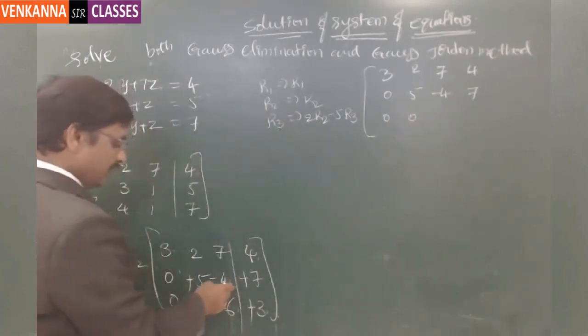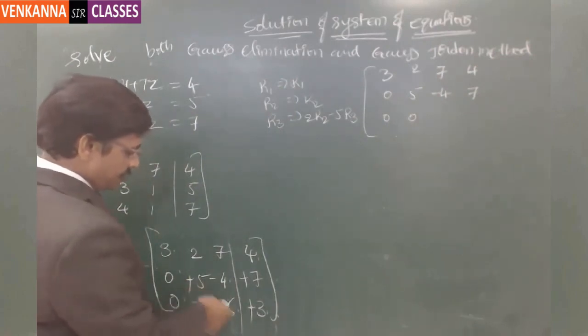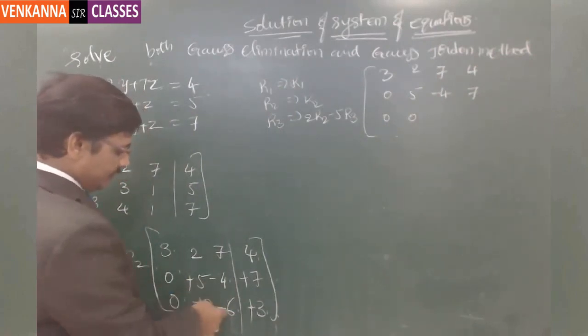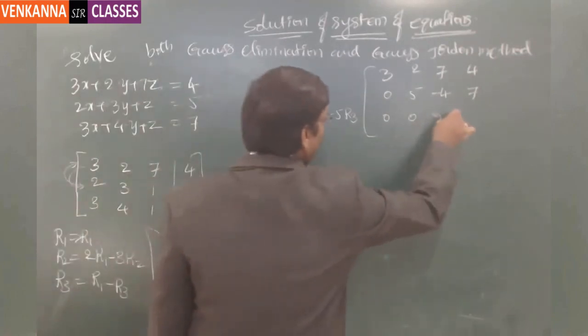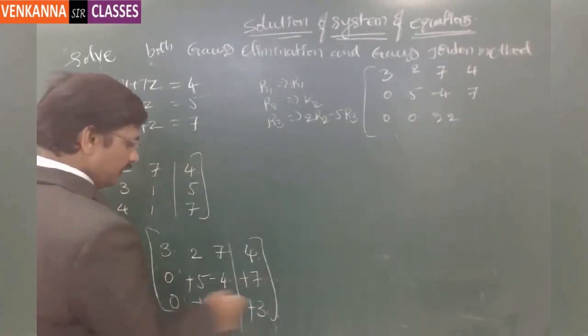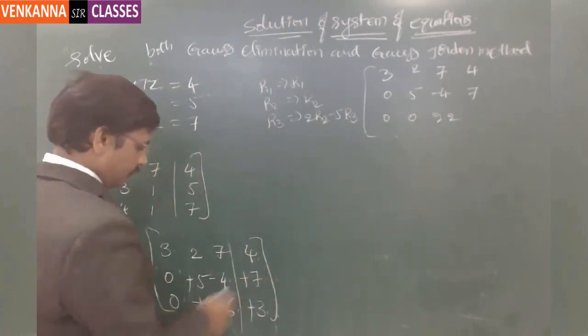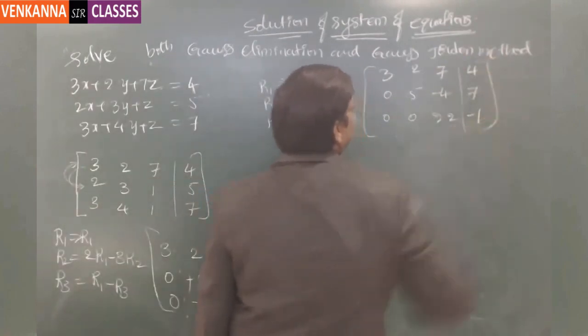And 2 times minus 4 is minus 8, minus 30. So minus of minus is plus 30, minus 8. So 30 minus 8 is 22. And then 2 times 7 is 14, 14 minus 15 is minus 1. So this is the next one.